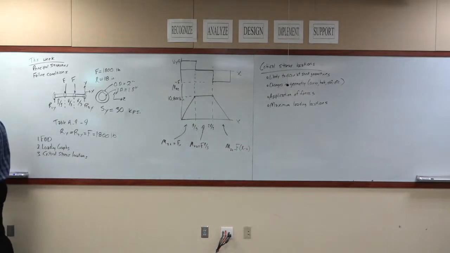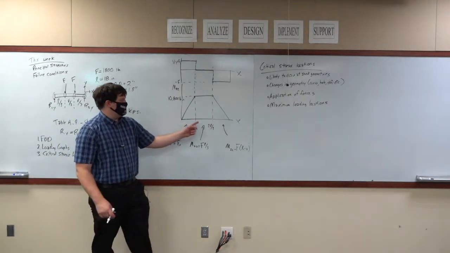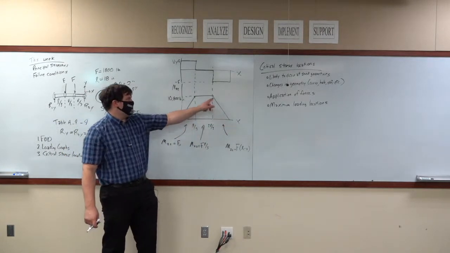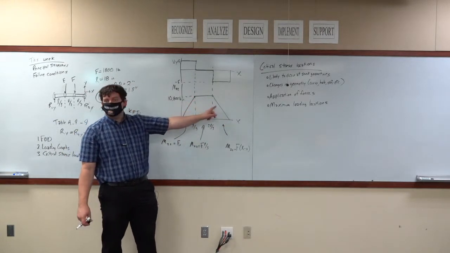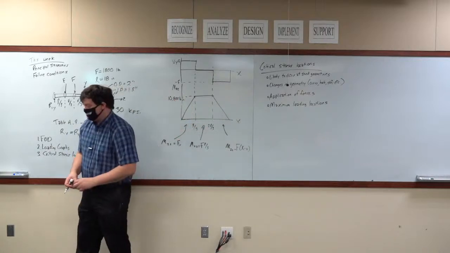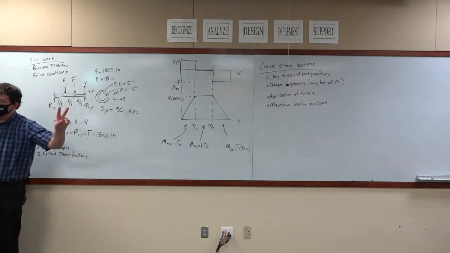It is not uncommon for those to be the same thing. Okay? So, now do we need to go analyze these spots right here? I can promise you these 2 spots over here are not going to be anywhere near as critical as these because the moment is not as large. So, 2 spots on this axle we need to analyze.